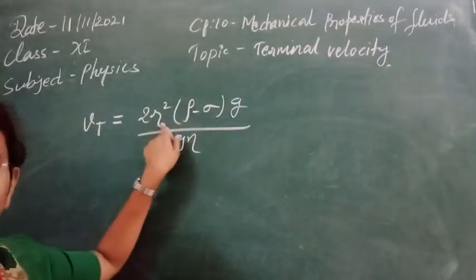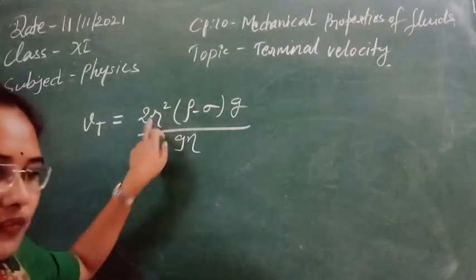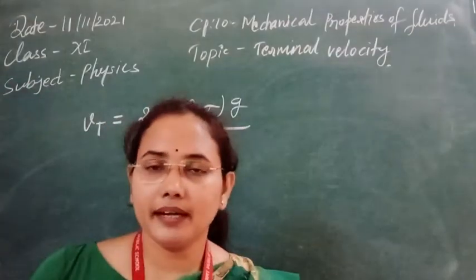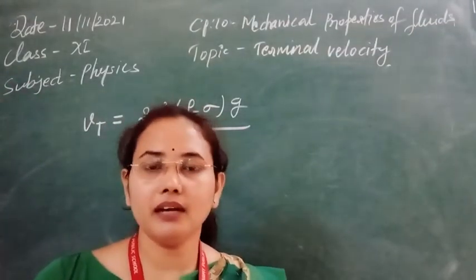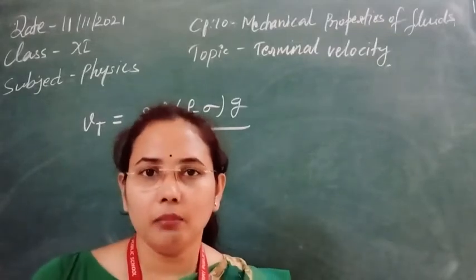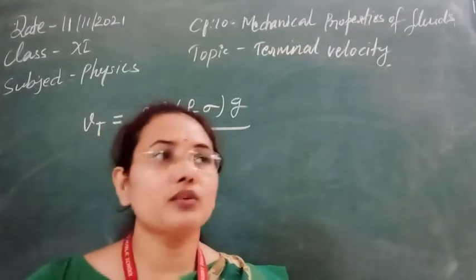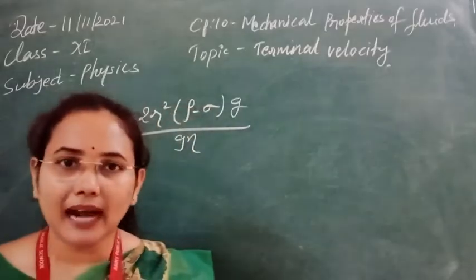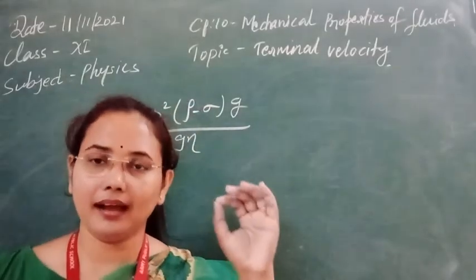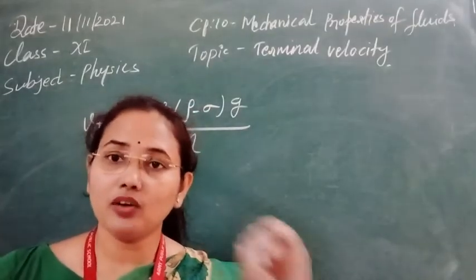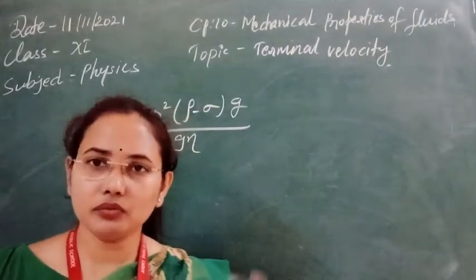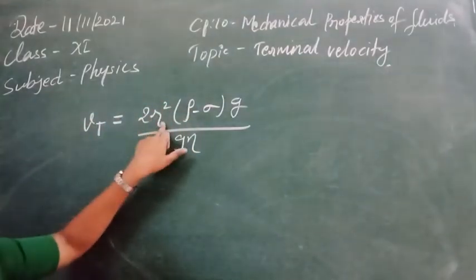The first factor is the radius of the spherical ball. The greater the radius of the ball, the greater the terminal velocity the body will achieve. That's why a bigger drop hits our body hard, but a smaller drop comes with very light velocity. That is due to the radius property.